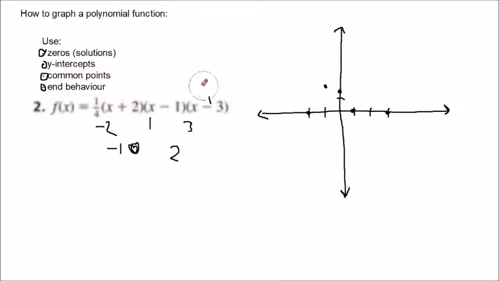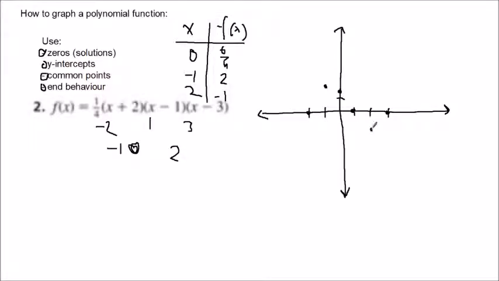And then I'll make an x, f of x table. 0, you'll get 6/4. Negative 1, you'll get 2. And then 2, you put 2 into the equation, you'll get 4, 1, and negative 1. So you'll get negative 1. So it'll be right about here.